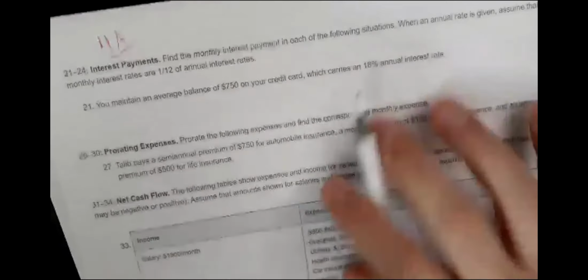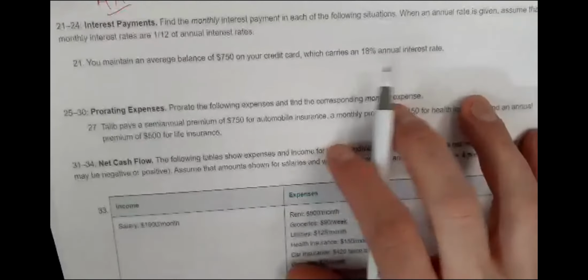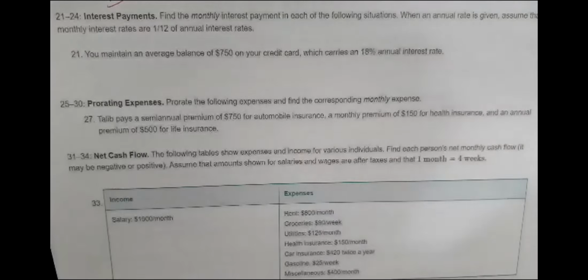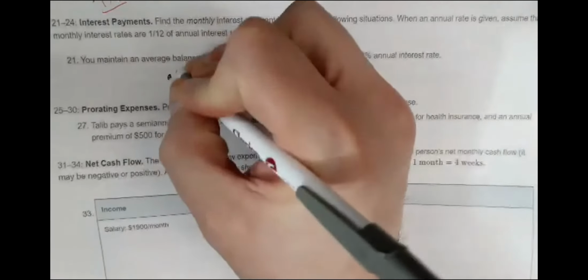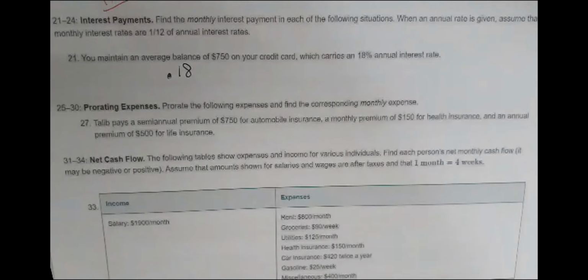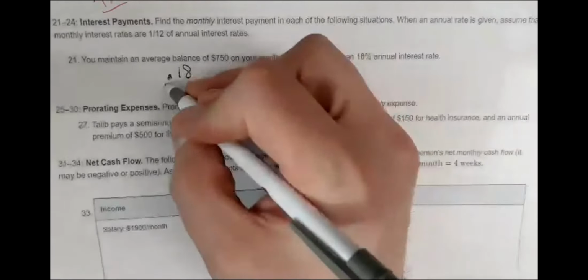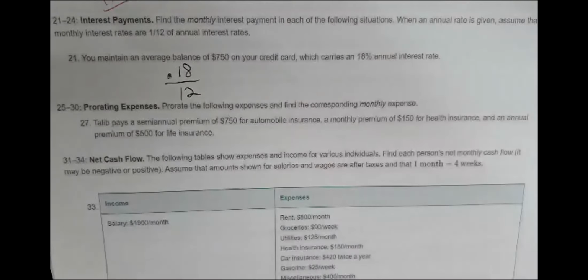So if it's an 18% annual interest rate, how do I convert this annual interest rate into a monthly interest rate? This is my question. First off, I'm going to say 18% in decimal, so 0.18. Divide it by 12. There are 12 months in a year. So if we want to go from annual to monthly, we have to divide by 12.